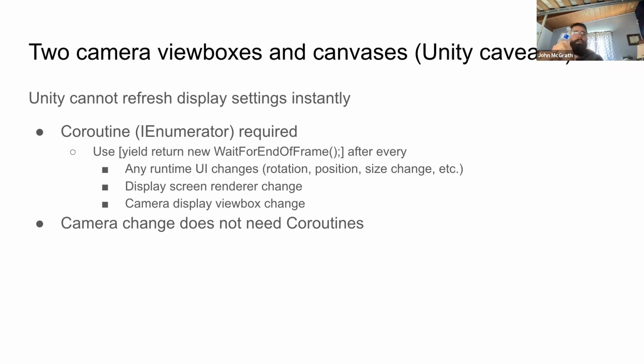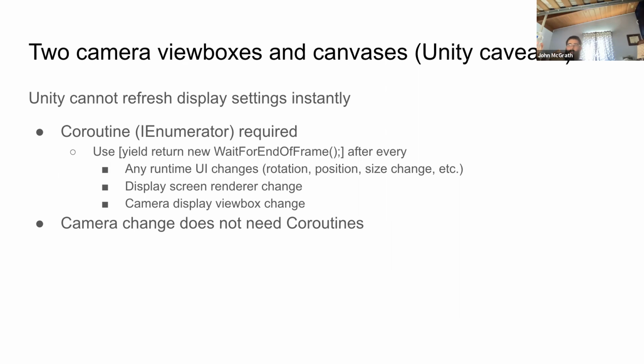Instead, the use of coroutines is required whenever any display resolution or UI canvas aspects are changed, including any runtime UI changes, display screen render change, camera display view box change.